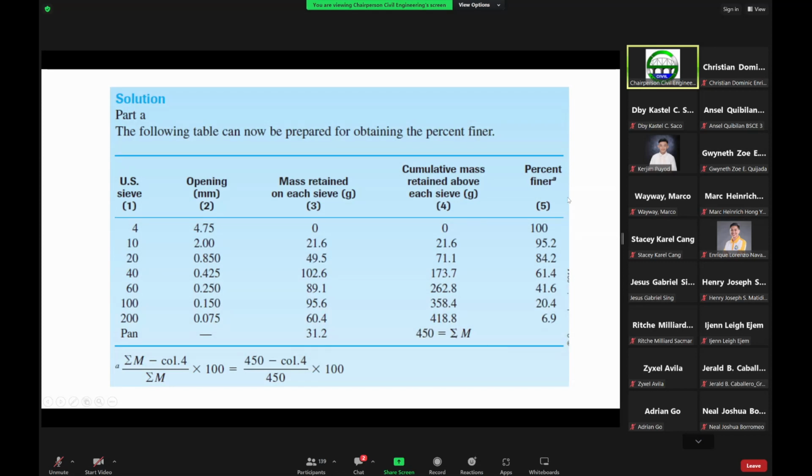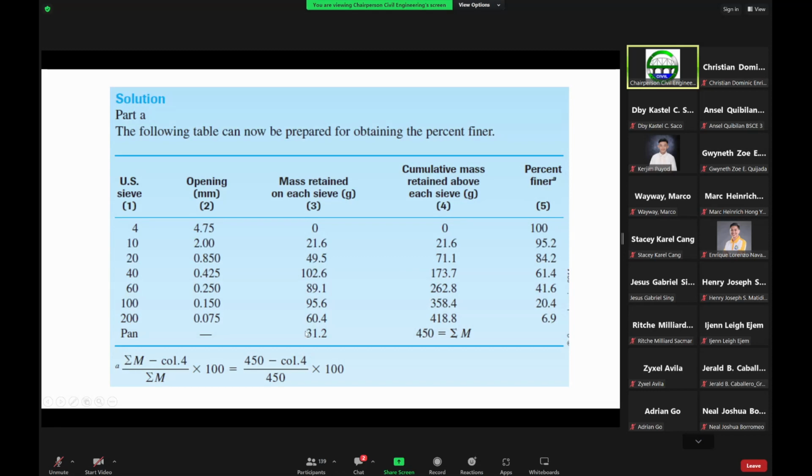Then you can now get the percent finer. For example, to get this value, that's the total mass minus the value at column 4, this one here, times 100, and that will give you the percent finer.